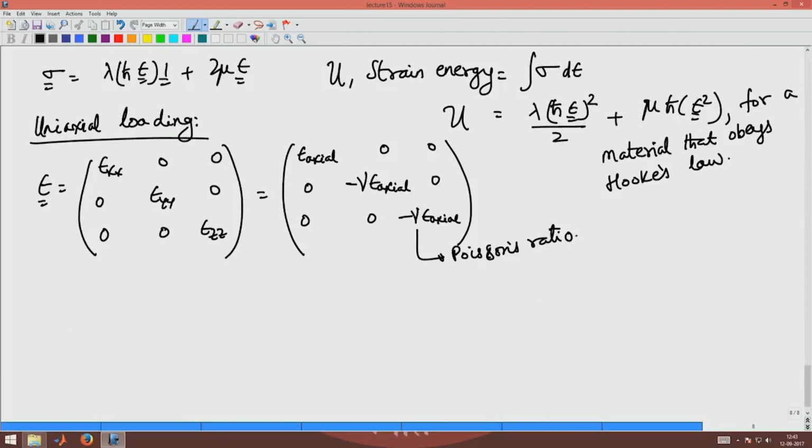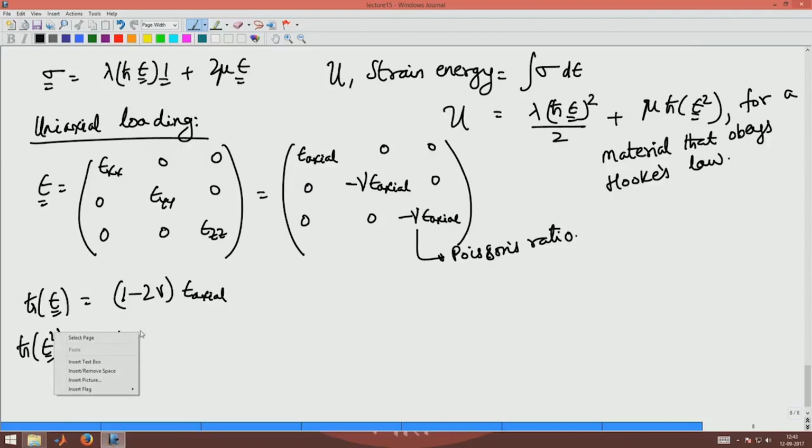Now, what will be u then? What is the trace of epsilon? Trace of epsilon is 1 minus 2 nu times epsilon axial, and trace of epsilon squared would be 1 plus 2 nu squared times epsilon axial squared.